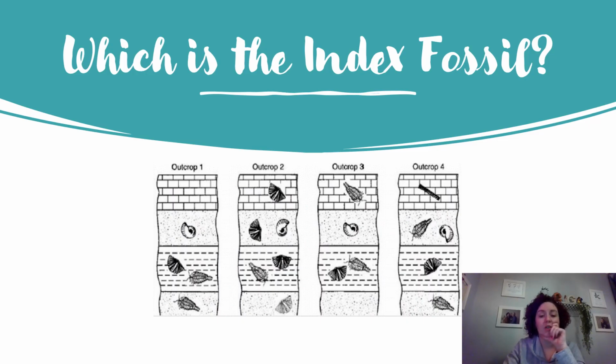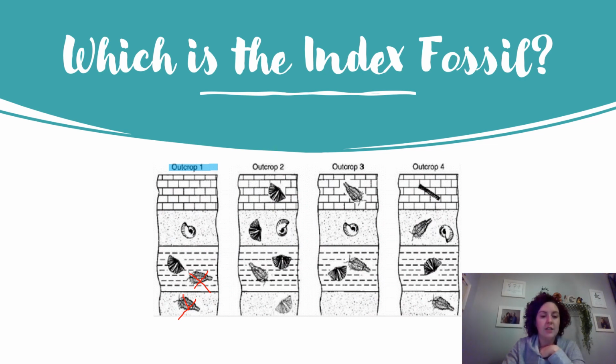Okay, so let's look at this. Outcrop 1. I have this weird little bug-looking thing. But right above it, I have it again, which means it was not short-lived. It lived for a long time. Awesome, moving on.